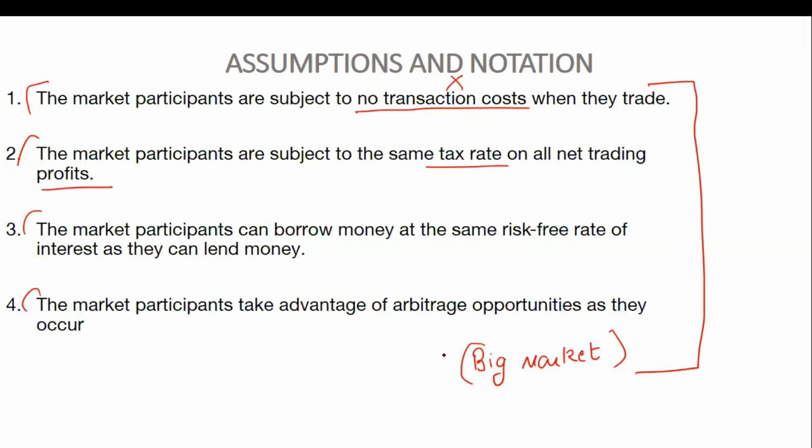That's true if you're talking about them. The market participants can borrow money at the same risk-free rate of interest as they can lend money. Not always true, but let's assume true for the big market players. Then market participants take advantage of arbitrage opportunities as they occur. Definitely true for the big market players. So these are the assumptions.